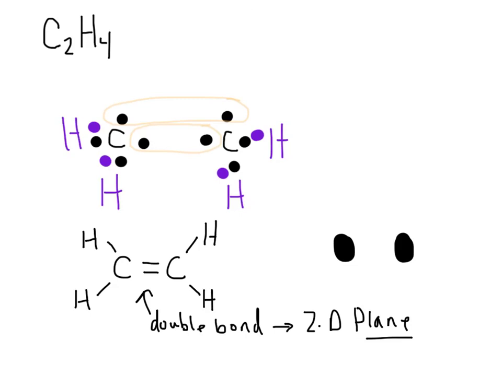So here's the carbon. Carbons are black, and we'll say purple is hydrogen, because it usually is white, but white won't show on white. And then if we connect the bonds, we've got a double bond between these 2, and a single bond here and here and here and here. So that's what the molecule would look like.